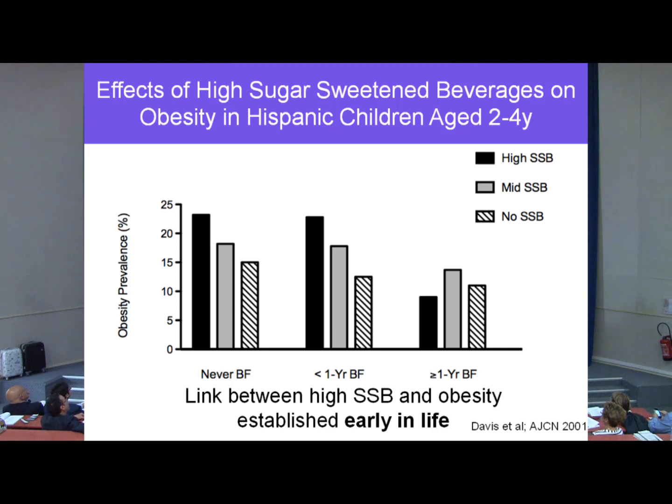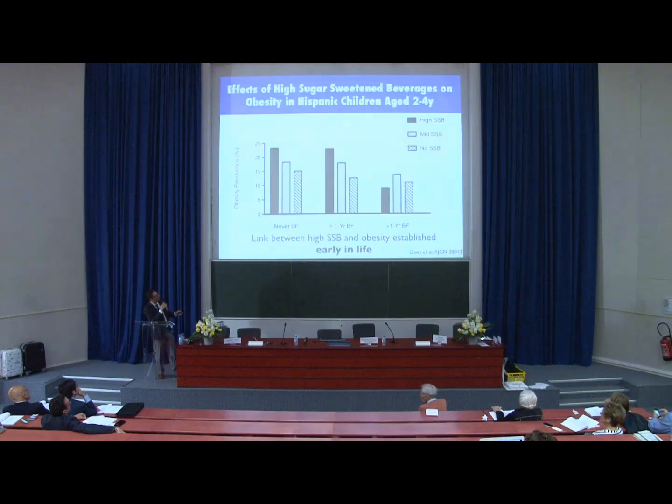Interestingly, in those children who were breastfed for 1 year or more, and there was about 20% of these children who were breastfed for a year or more, you can see a very striking effect that, first of all, breastfeeding by itself is very protective in reducing obesity in all groups, and breastfeeding abolishes the negative impact of sugar-sweetened beverage consumption. So there's no relationship here in these children as a function of sugar-sweetened beverage consumption.